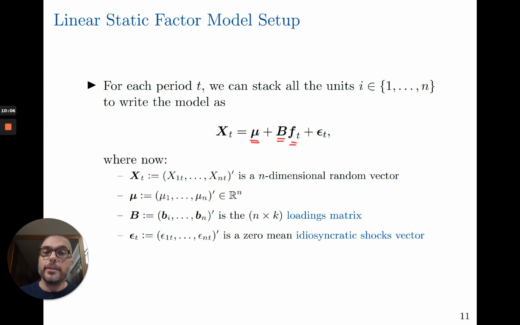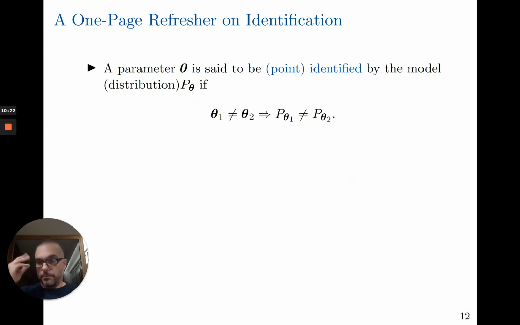The question is, can we jointly estimate these three quantities without any further assumption? And the answer is no. We need restrictions, we need assumptions, otherwise we don't have identification. Let's refresh our memory about identification.